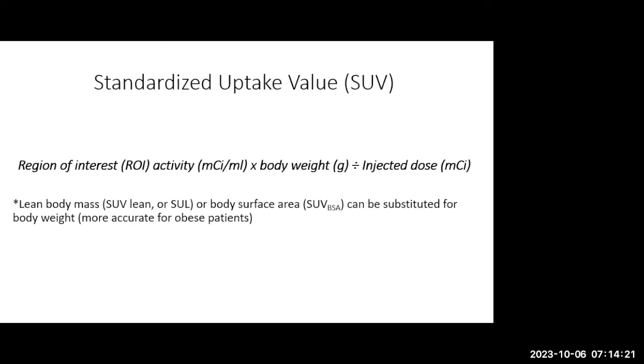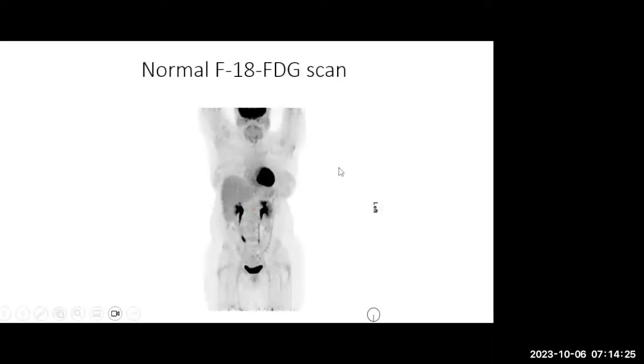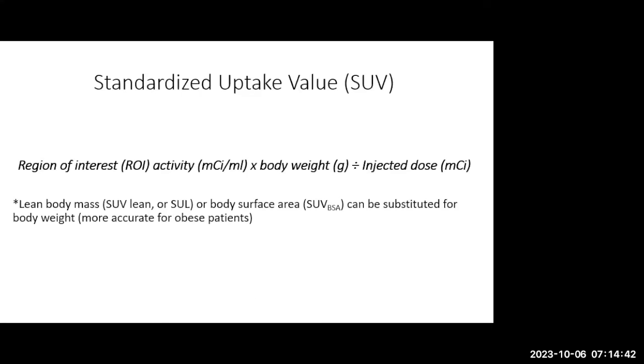There is no magic number, but just to have an idea, the liver, which is frequently what we use as our standard, tends to have a mean SUV of about 2.5, just so that you more or less understand the number. So anything that has an SUV of 3, 3.5, we may call mild uptake, etc.